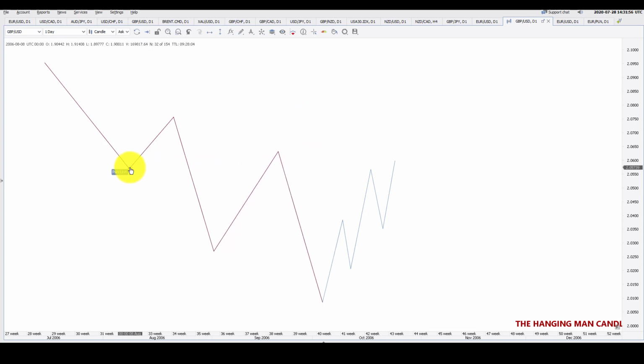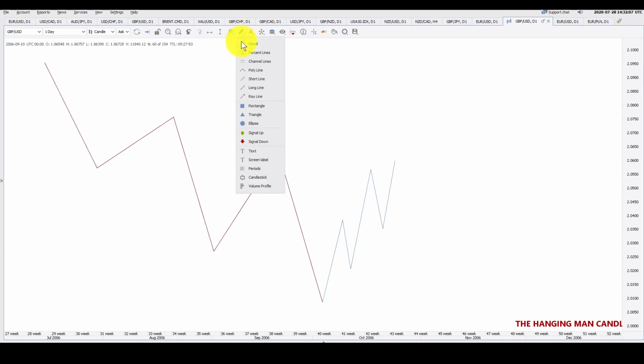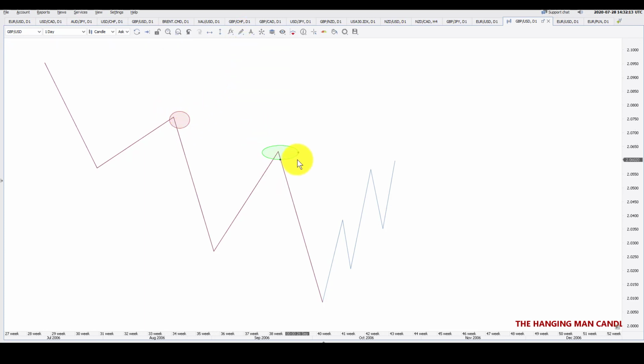My intention in drawing this figure is to show that when there is a downtrend, where can we expect the hanging man candlestick to form? Friends, the hanging man can form here. It can also form here and here.